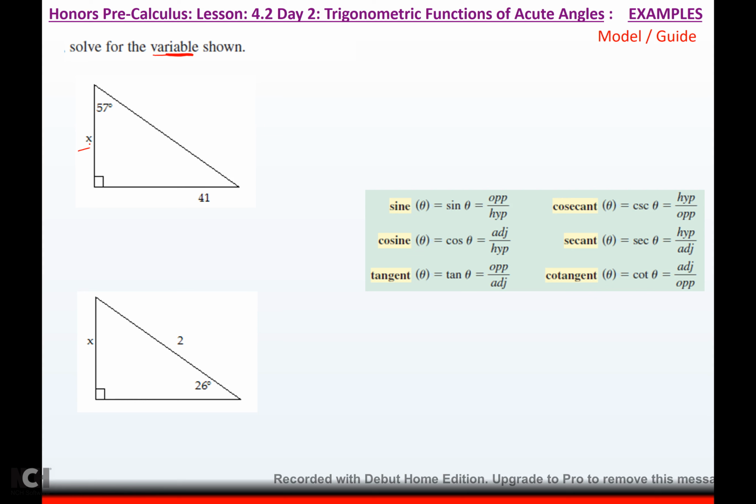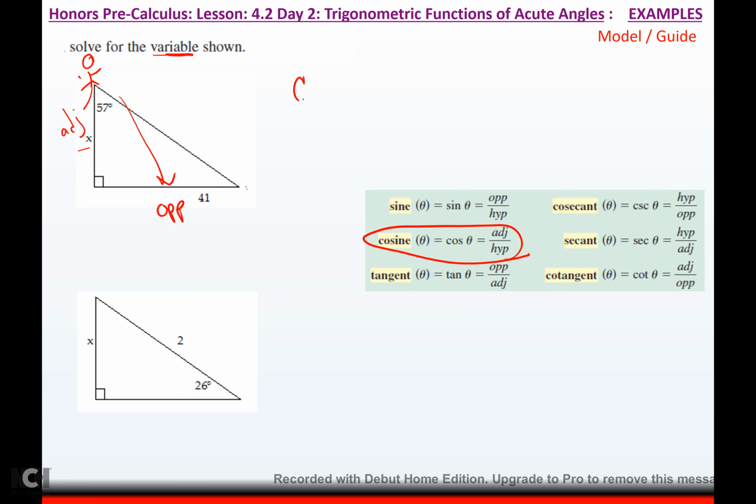You have to stand at the angle that they gave you. You can either stand here or here because those are the two acute angles. I don't want to stand here because I won't have enough information. They didn't give me this angle, so I don't want to stand there. They gave me this angle, so that's where I'm going to stand. And from this perspective, 41 is opposite, x is adjacent, and the function that uses opposite and adjacent is cosine.